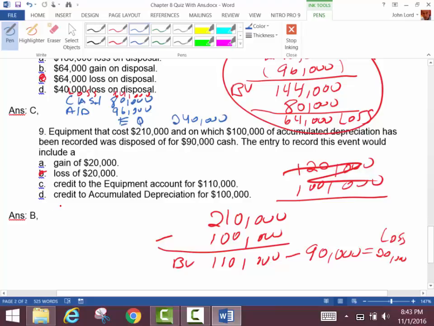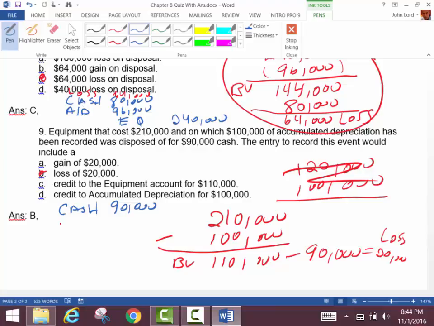Debit cash for 90,000. Good. Accumulated depreciation of 100,000. I'm not going to credit accumulated depreciation. Accumulated depreciation is credited as I depreciate that asset. If I'm trying to get that accumulated depreciation off the books, I have to debit it.